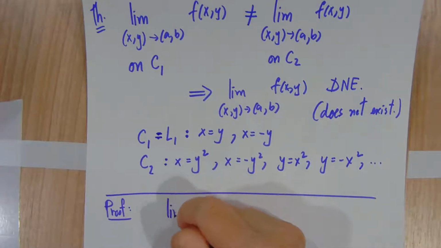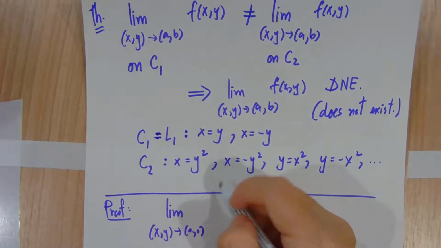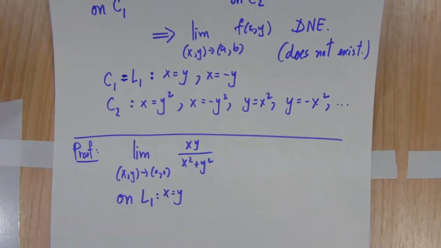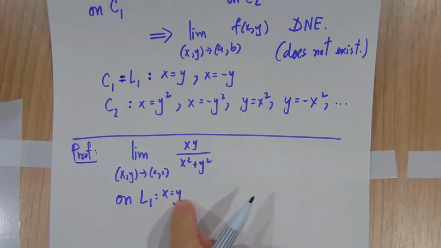We have to find the limit of these functions on the curves C1 and C2. I think it's easier when the highest degrees of the top term and the bottom term are equal, we choose lines with the same degree.